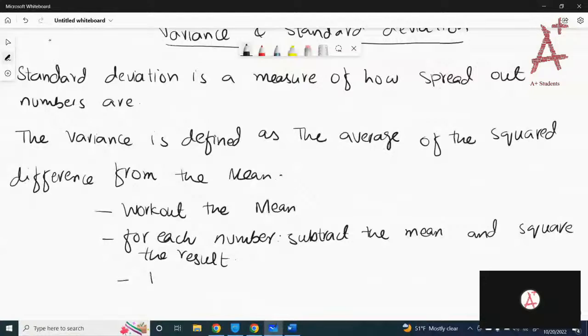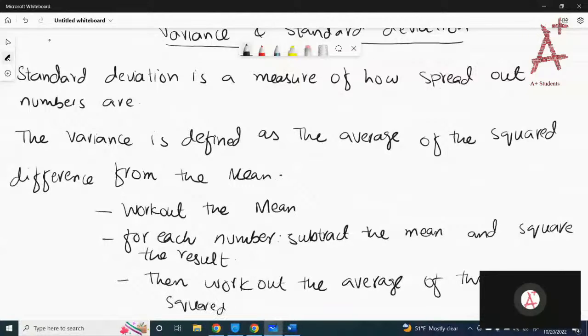And the standard deviation is simply the square root of the variance. Got it?